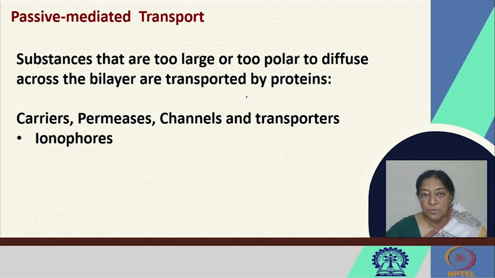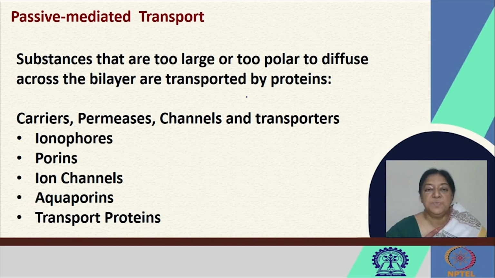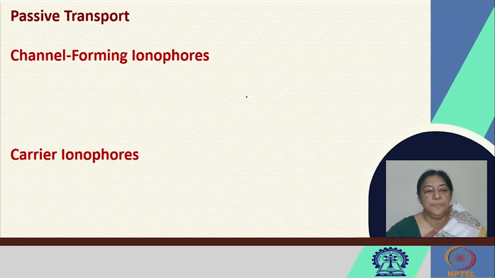The carriers can be ionophores, they can be porins, there can be specific ion channels, they can be aquaporins, as the name implies, for the transport of water through the membrane, and specific transport proteins.